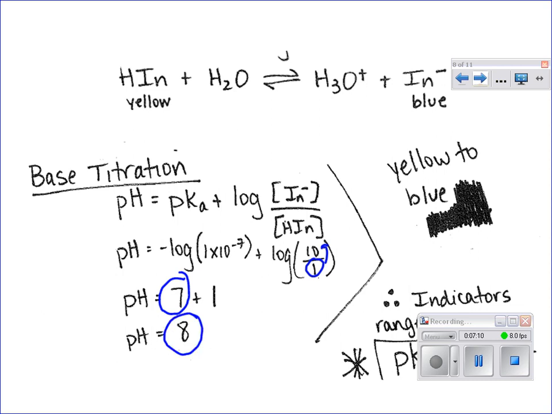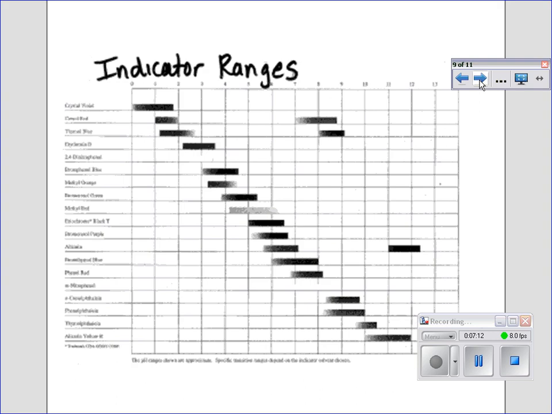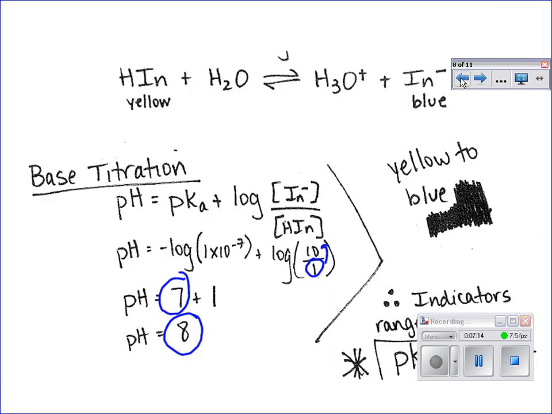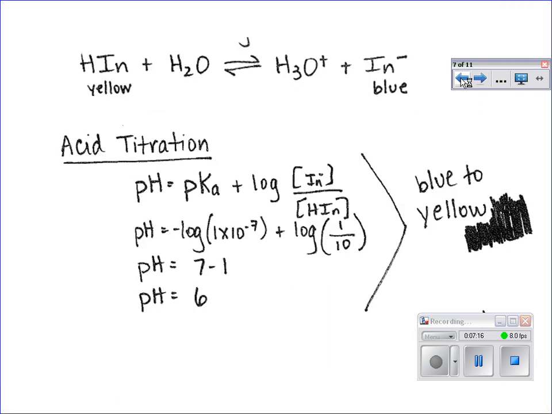That's one end. And then the other end, did I skip one? There it is. Here, if we're going the other direction, we need at least 1 of these to every 10 of these to start to see things. And when you do that, you get a -1, so you get a 6 on that end. So it's a 6 to 8 range.